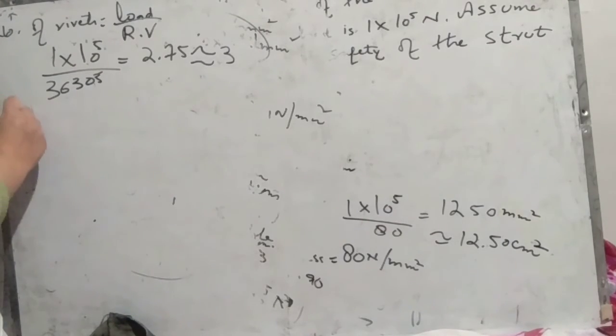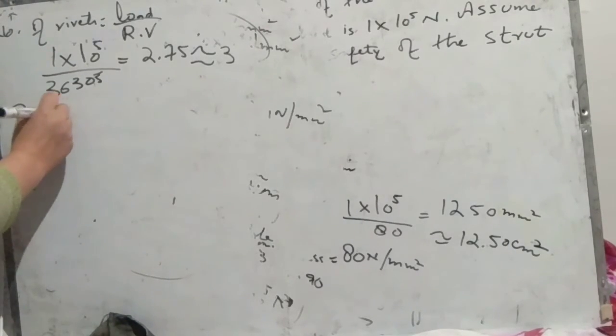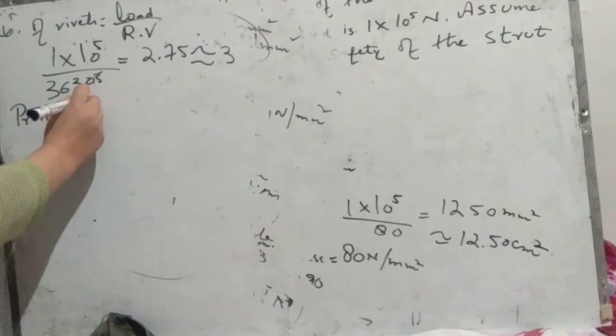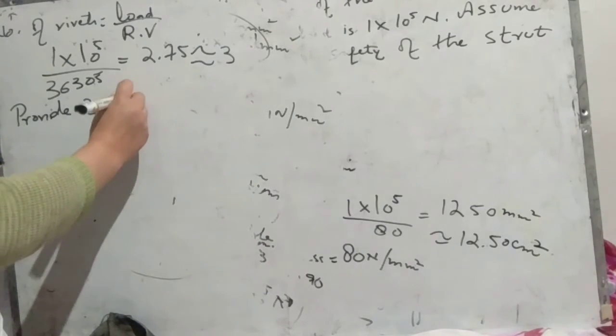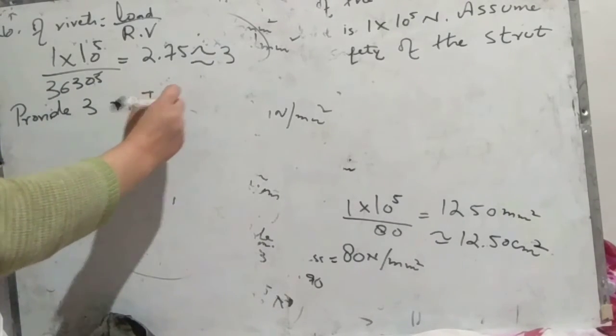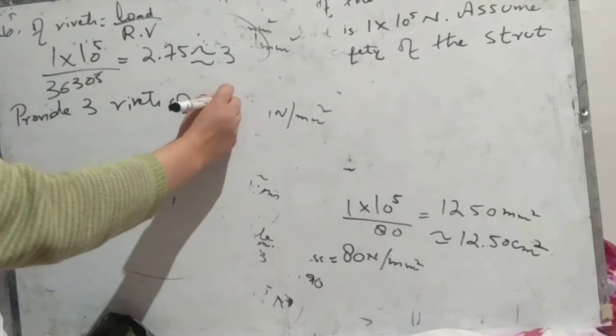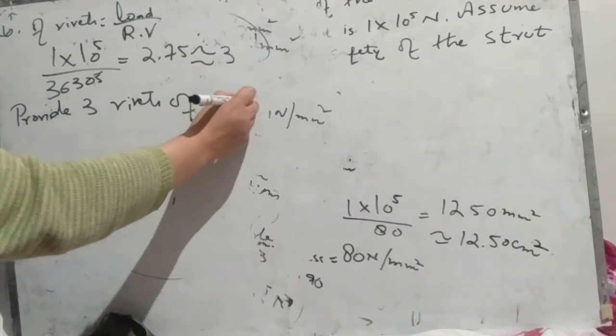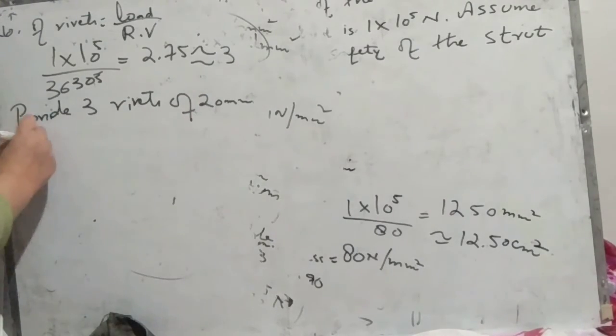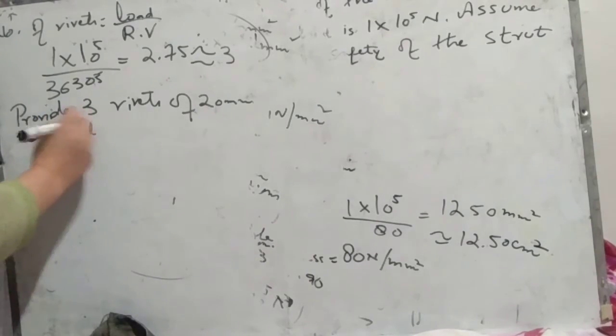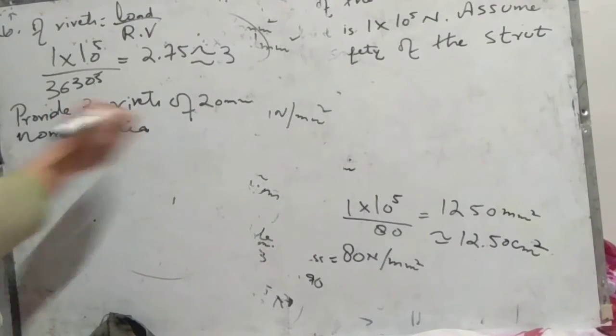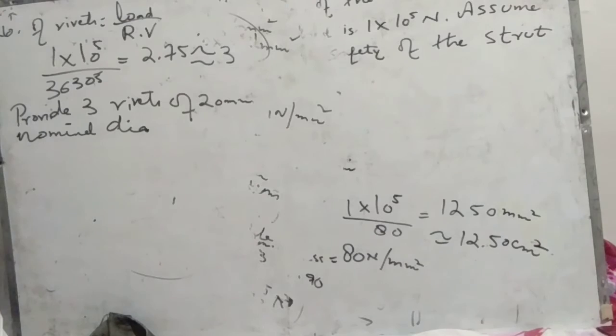Now you will provide 3 rivets of 20 mm nominal dia. And you will determine pitch.